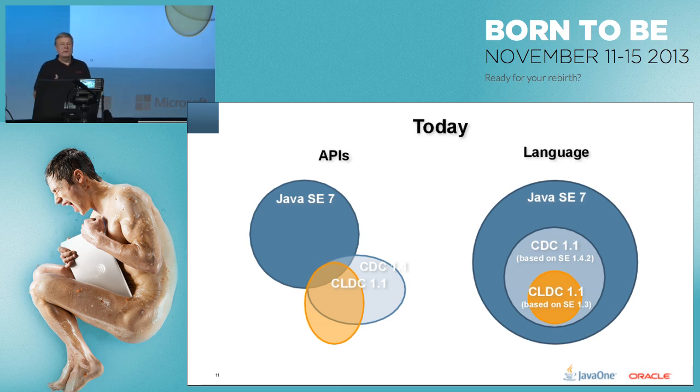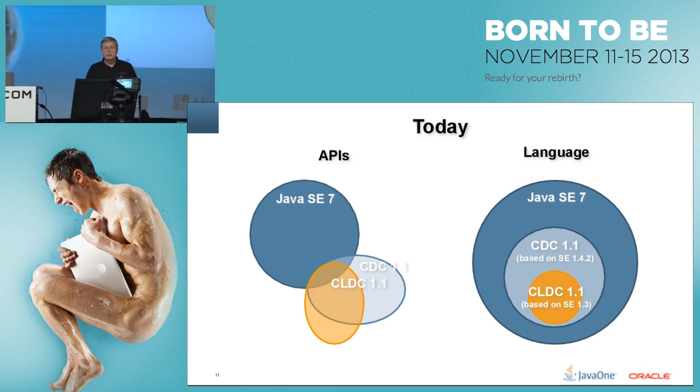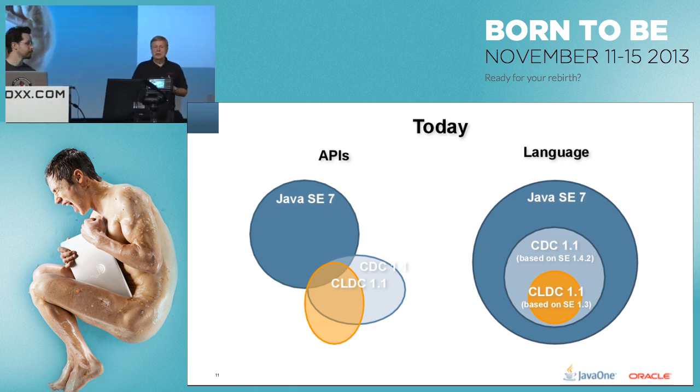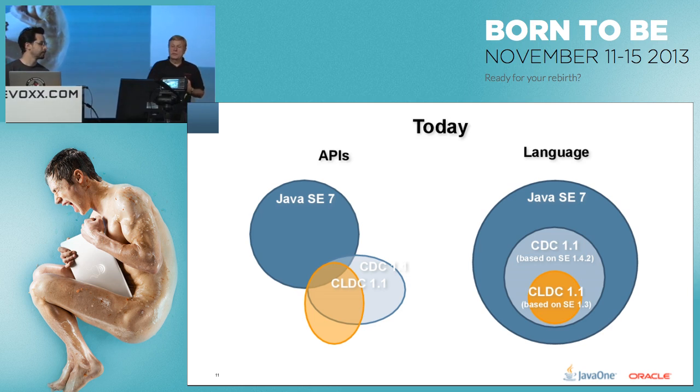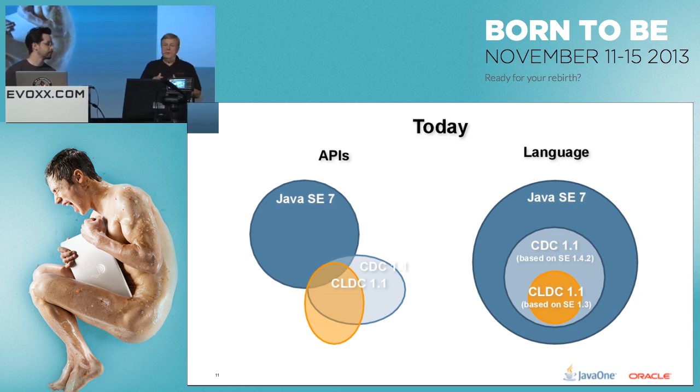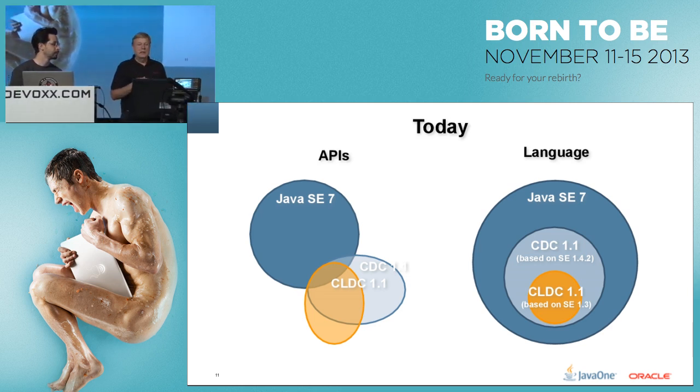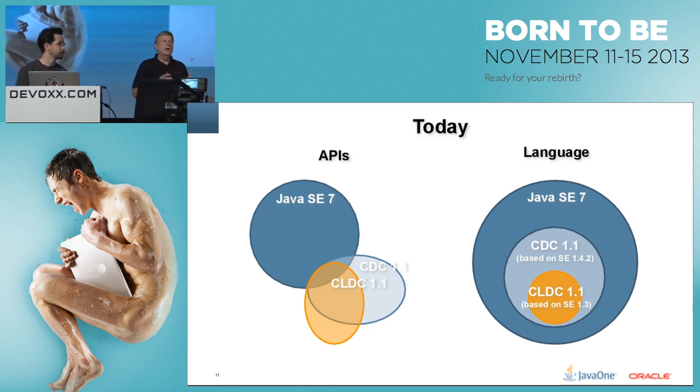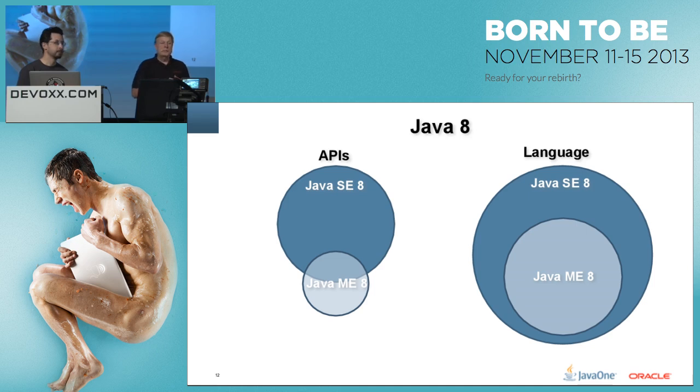So right now, if you look at Java SE 7, on the right we see the language, and with ME editions and things like that, the language is all the same, but with the APIs there's quite a bit of disparity between those. But if you go to the next slide with Java 8, the language is the same, but you can leverage a lot of the same APIs.